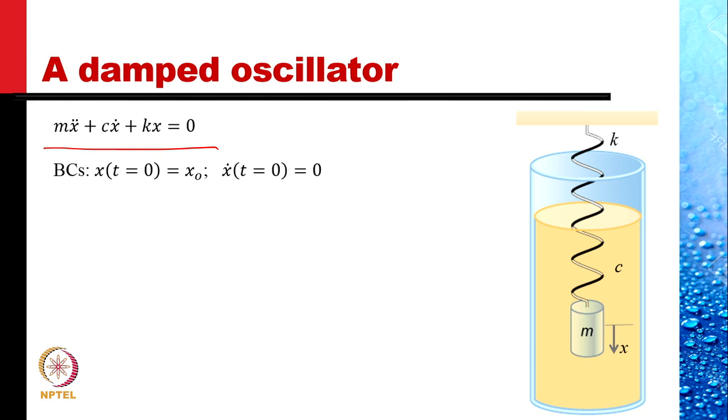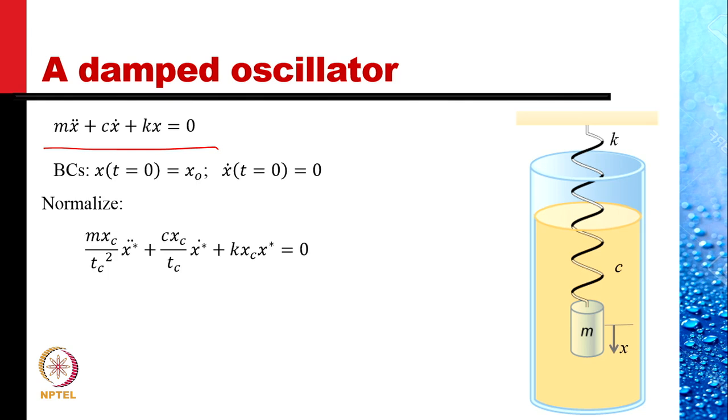So these 3 forces sum to 0 as there is no external force applied to the system. We start with a very simple boundary condition: at time t equal to 0, the displacement is x naught and the velocity is 0.